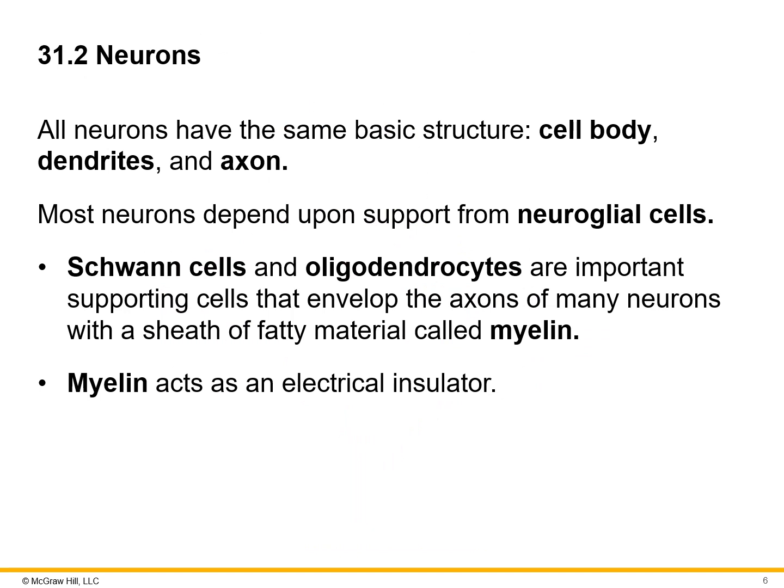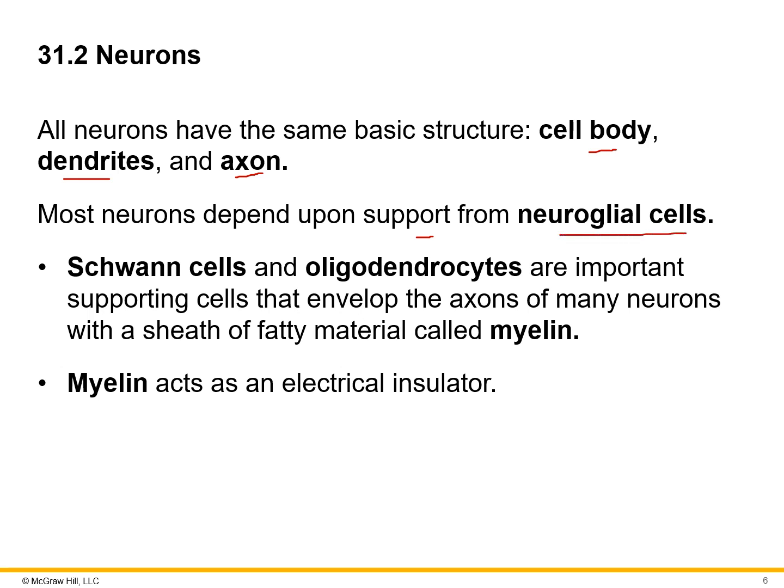All right, so a little bit more about our neurons. They have essentially three main parts. They have a cell body, which is going to be where the nucleus is. Then they have dendrites that form highly branched structures, and they have multiple dendrites, and then they have an axon. Most of these get support from what are called neuroglial cells.